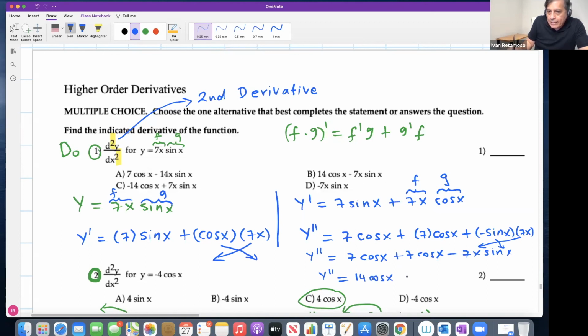And here minus 7x sine of x. And sometimes students ask me, why don't you combine these two guys again? Well, because this is cosine, this is x times sine, right? Like an orange and an apple, right? You cannot combine them anymore. So then you stop. You say, that's it. And this, guys, perfect match would be 14 cosine x minus 7x sine of x, right? Very good.